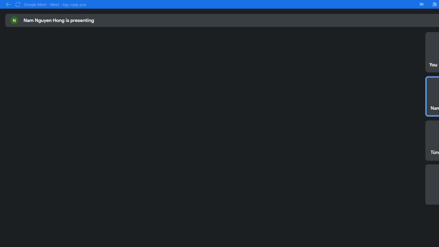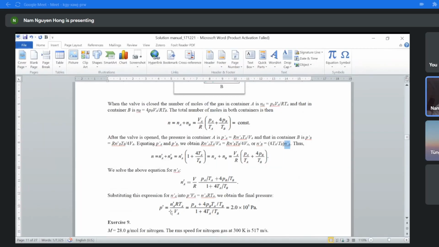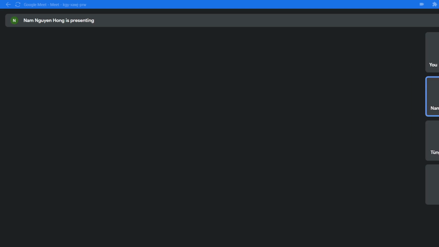Well, everything we know. Then, theoretically, you should be able to find NA prime. Once you have the expression for NA prime, you use once again the ideal gas law to find the pressure. And the final pressure is this one.